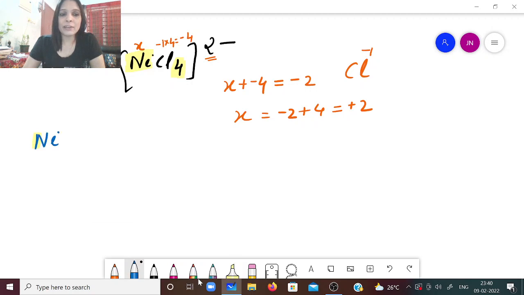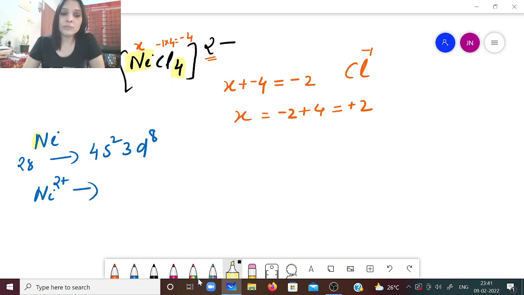Nickel's atomic number is 28, so the electronic configuration will be 4s2 3d8. Now we have to find out the electronic configuration of nickel 2+. 2 electrons will go. From where will they go? These 2 electrons will go from 4s, so as a result we get 4s0 3d8.